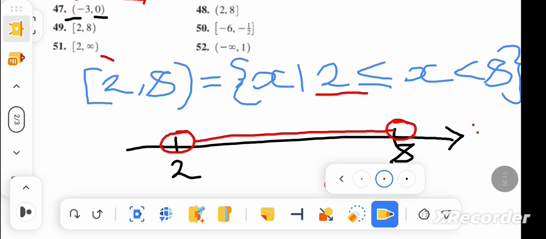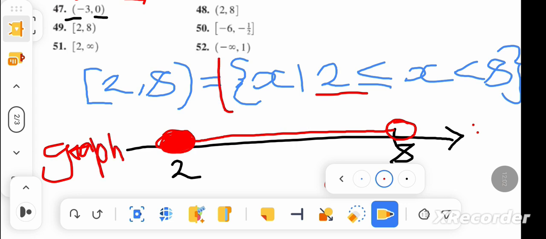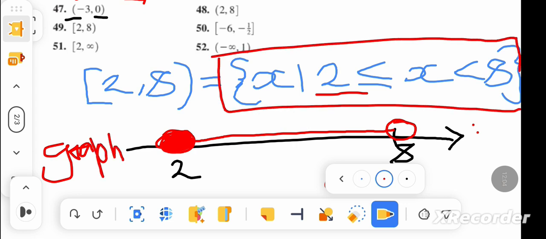Because it is included. They have used a square bracket that side, meaning it is included in this set. So we shade that like that. Okay, so that is the answer. This is the graph, and this one here is the inequality.